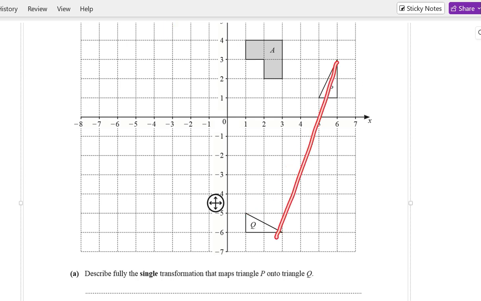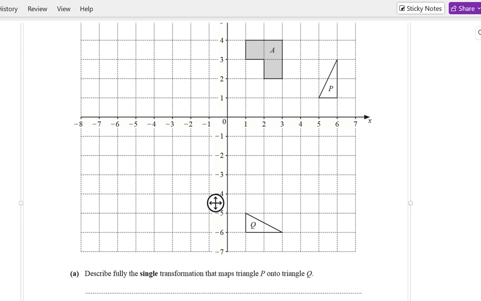If I join this corner, then I join the right angle line. So this is definitely a rotation. So how can we figure out the center of rotation? It's understood that it is a 90-degree clockwise, but how to figure out the center?